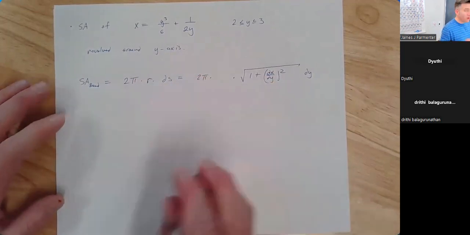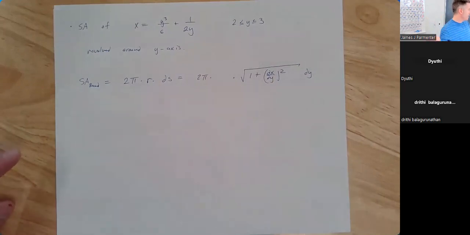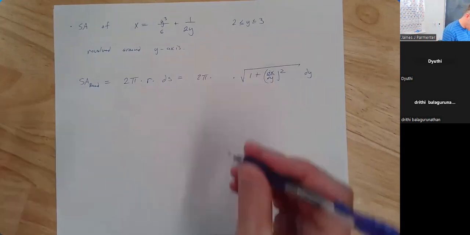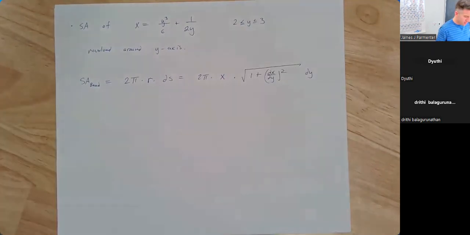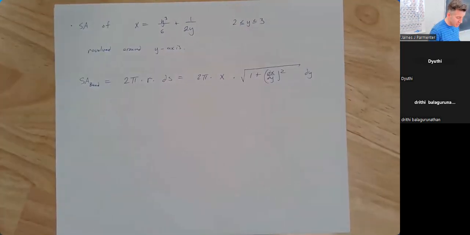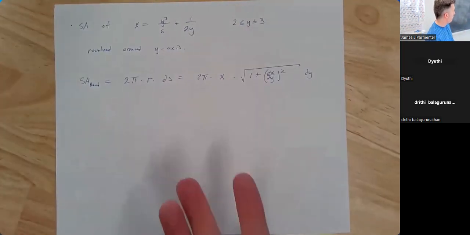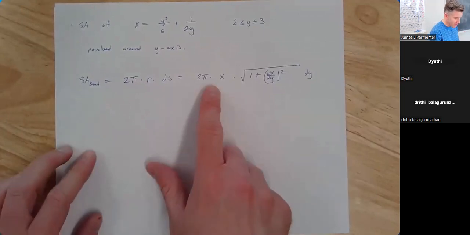If we're going around the y-axis, you don't have to draw a picture to know that the radius is which variable. Right, it's x. So the radius is x. But as you can see, that presents a problem. I've got an x when I want a y.